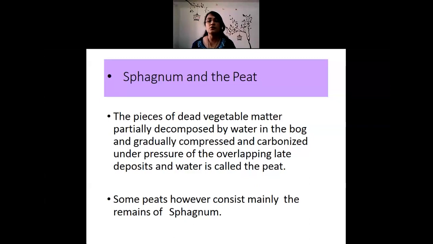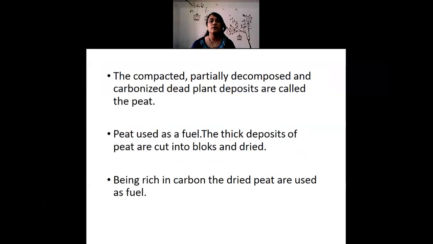Most peat contains sphagnum, or sometimes some other forms, but the major part of peat is obtained from the compression of sphagnum. So it is compact, partially decomposed and carbonized dead plant deposits, which we call peat.